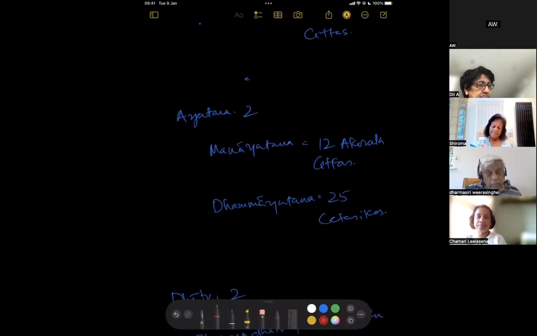Then we come to Ayatana. We have two ayatanas, manayatana and dhammayatana. The manayatana is the 12 akusala chittas. The dhammayatana are the 27 chetasikas.